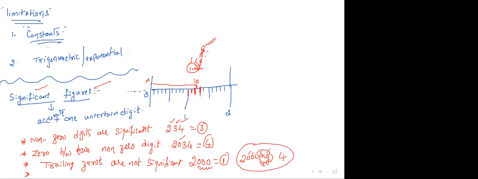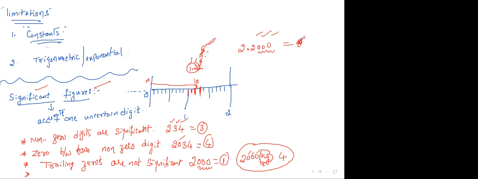This is one special case. Please remember, if I put the condition like 2.2000, with the decimal point, these trailing zeros are also significant. In the decimal, the trailing zeros are also significant.